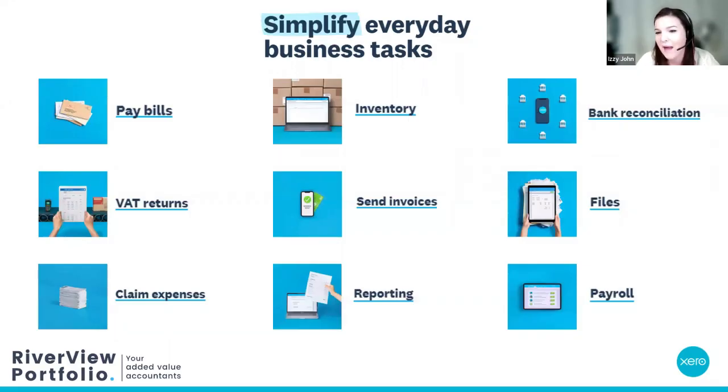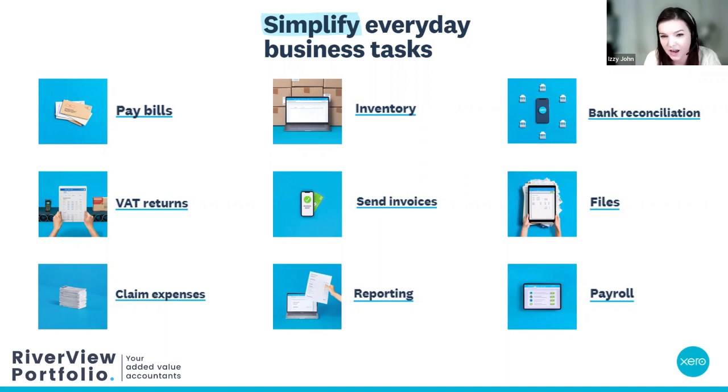Okay, so the bare bones of what Xero is: it's a tool that you can use to keep your financial records. This is a requirement of all businesses to be compliant with HMRC and any other governing bodies. But what Xero then does is it takes that financial data that you've got and it allows you to do more with it.